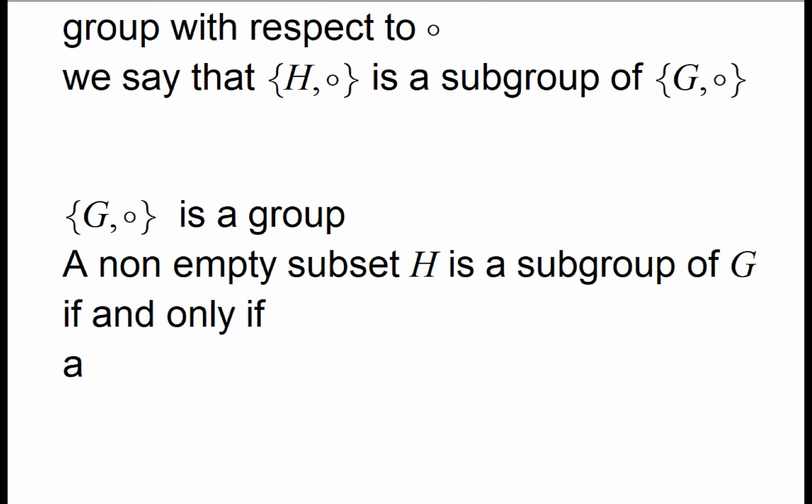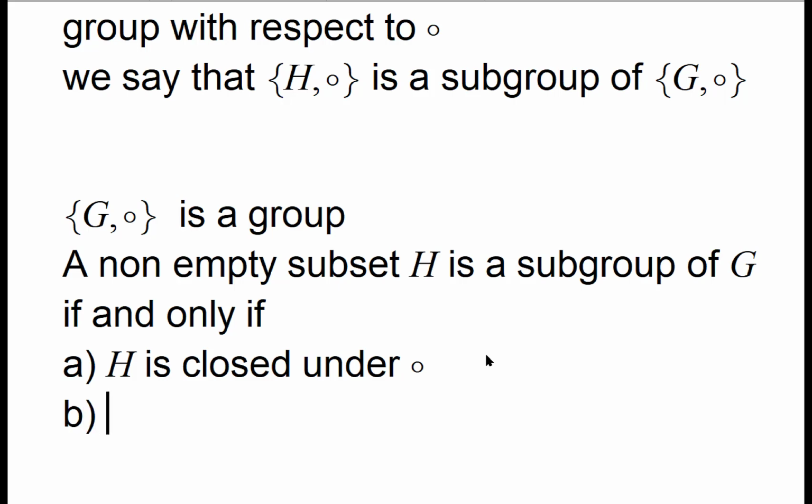we just need two conditions. First of all, H is closed under the operation. And B is that if A is an element of H, and that's why we had to take that as a non-empty subset, then we must have A inverse in H as well.